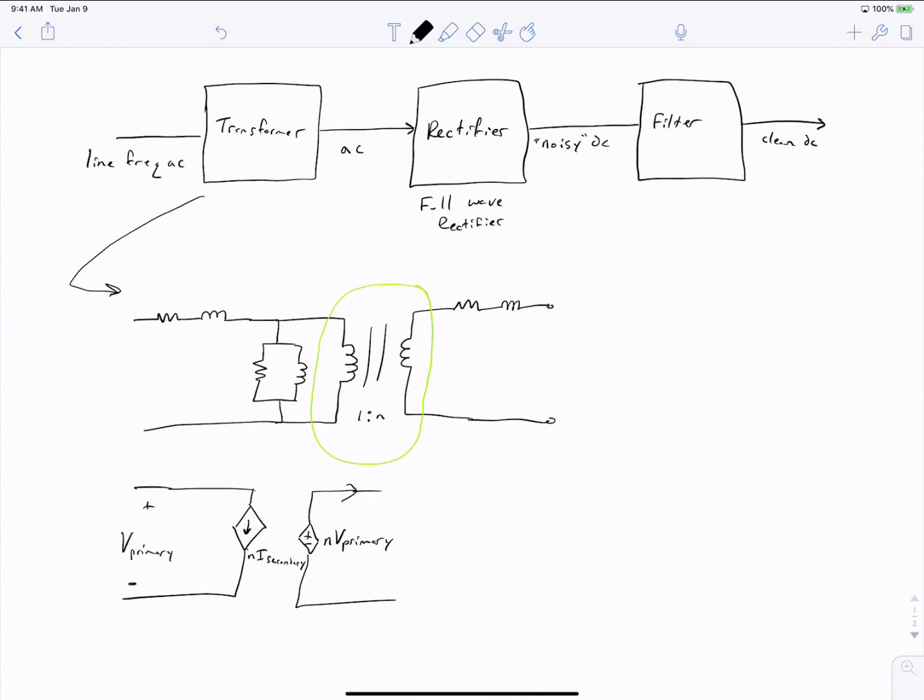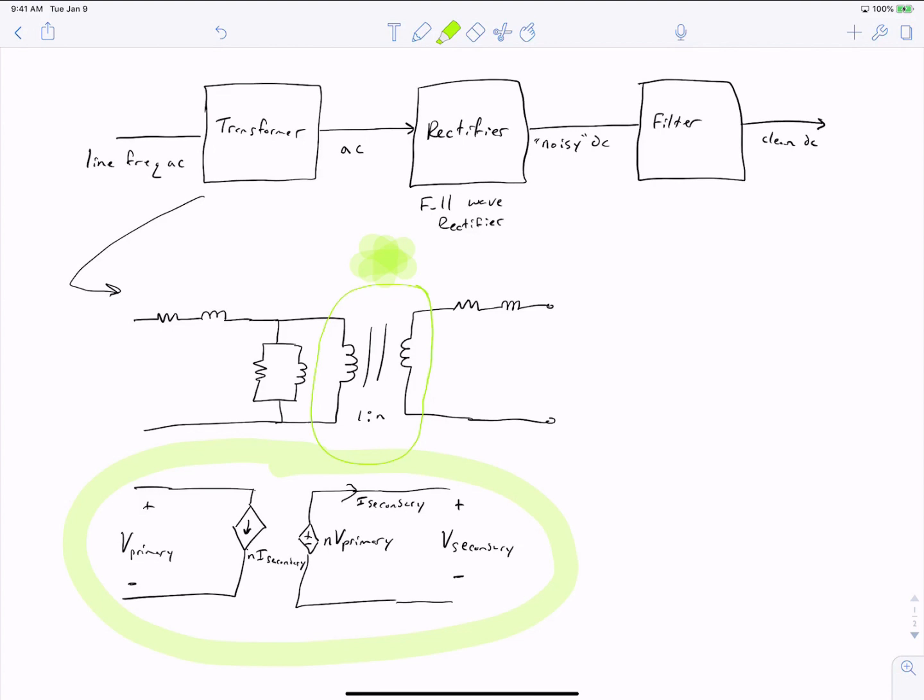I secondary is over here, and you can talk about the voltage output of the secondary as being over here. This entire diagram is in fact the equivalent circuit of the idealized transformer section up here.